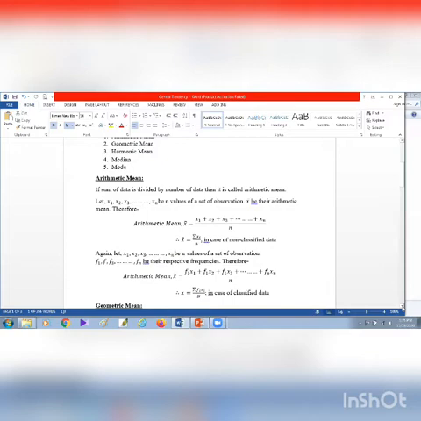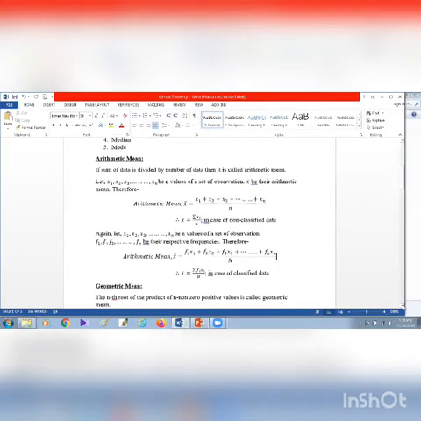Again, if x1, x2, x3 up to xn are n values of a set of observations and f1, f2, f3 up to fn are their respective frequencies, then the arithmetic mean x bar equals f1 x1 plus f2 x2 plus f3 x3 plus up to fn xn divided by capital N. It is written as x bar equals summation fi xi divided by capital N. This is for classified data.